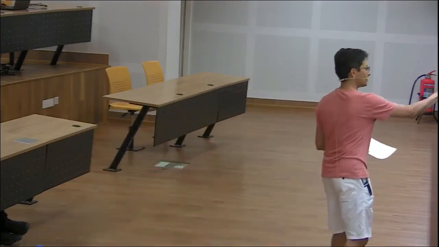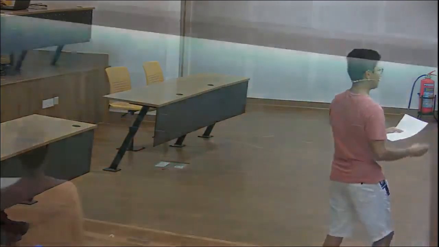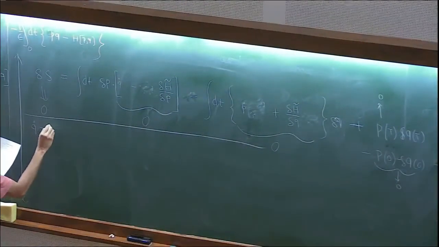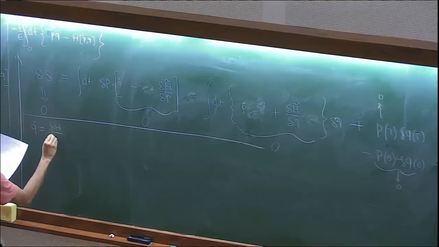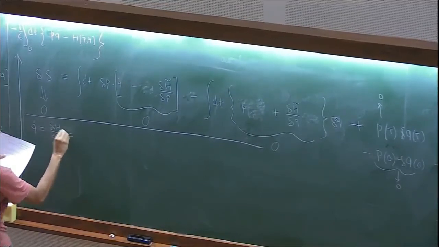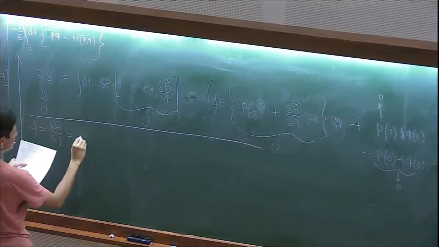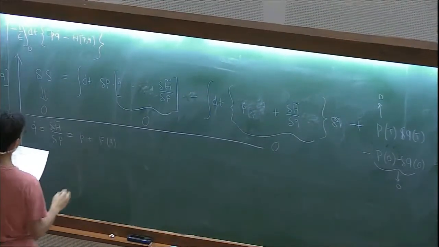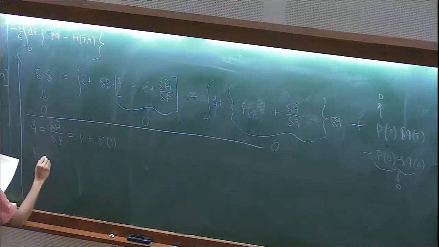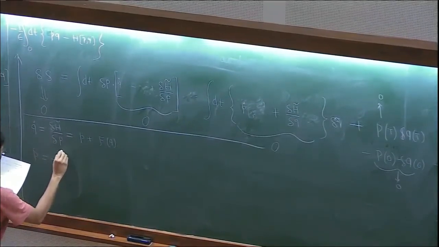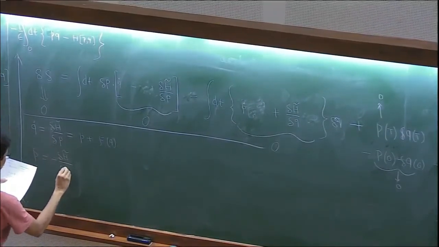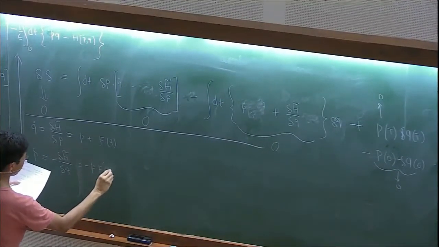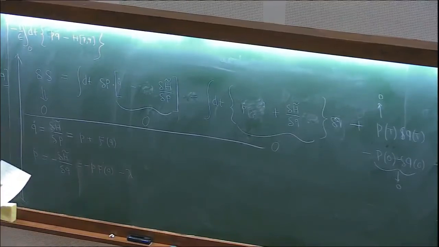So now what the problem has reduced to is that I have Q dot, and I have to solve this problem. H wiggle is simply P plus F of Q. P dot is equal to minus delta H wiggle over delta Q, minus P F prime of Q, minus lambda.